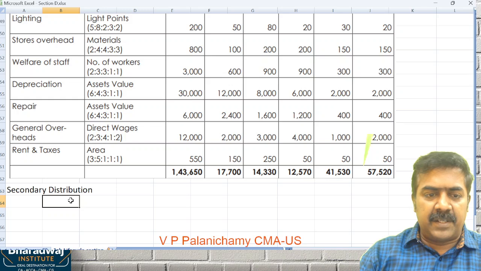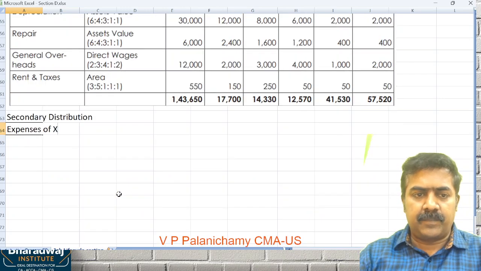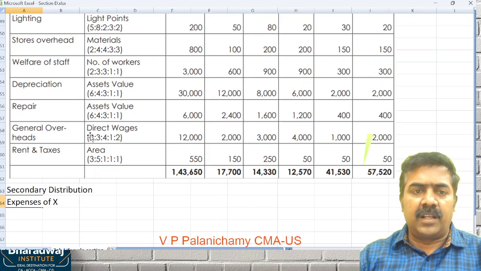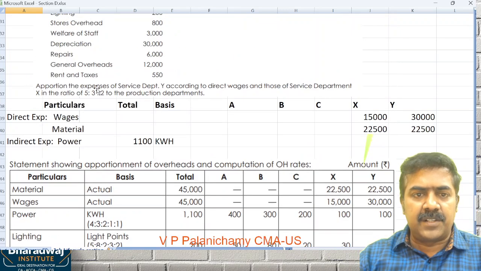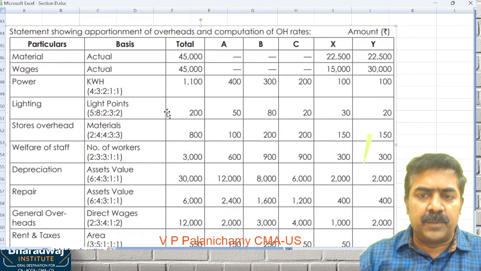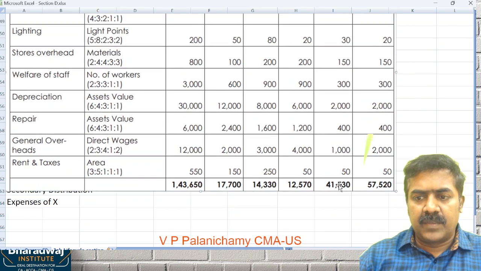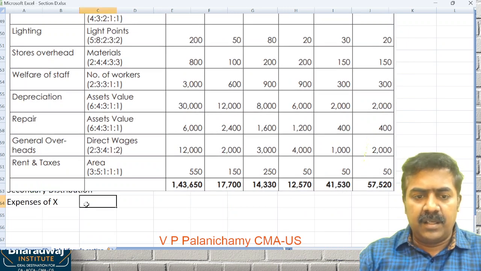So let us take expenses of X. They ask you to allocate expenses of X in the ratio of 5:3:2.